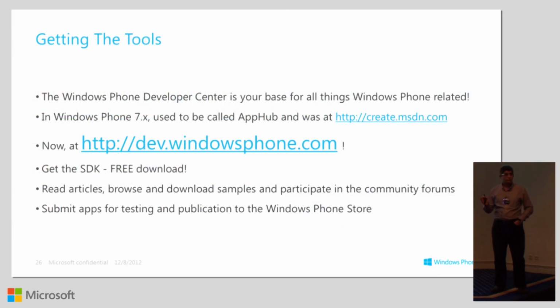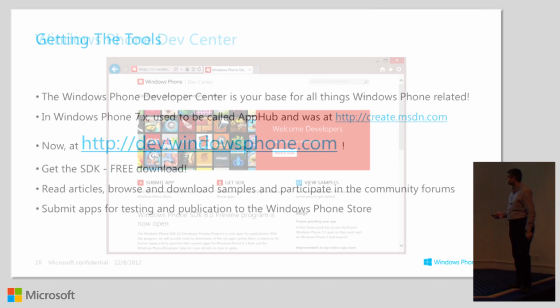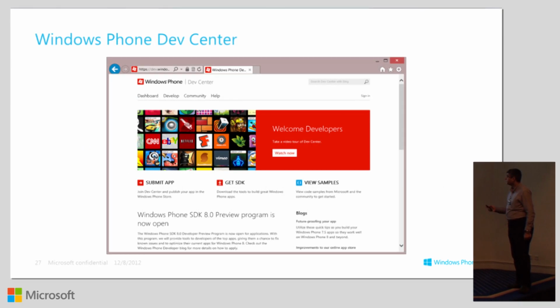And this provides you resources both for the 7.5 platform as well as the 8.0. And you have the SDKs, the tutorials, the learning resources all available in one place. And this is what the Dev Center looks like. You have a lot of resources. So go in, there's a lot of samples continuously being updated, which help you learn the platform.